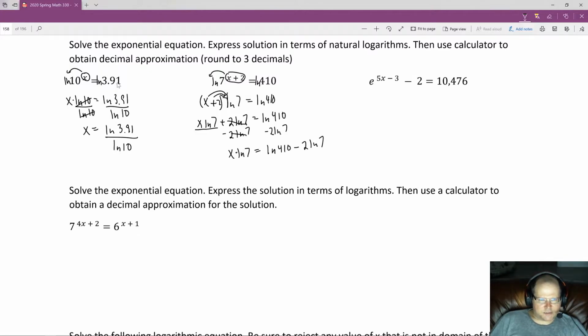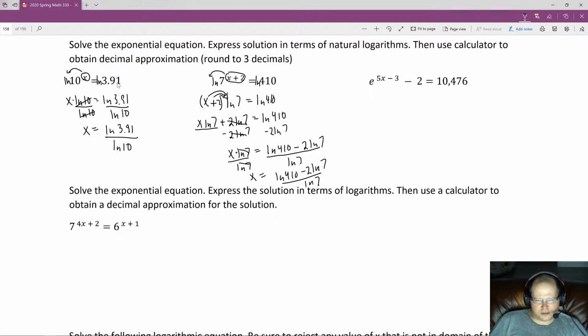Now, I want to get the x by itself, so I'm going to divide by natural log of 7. Whatever I do to one side, I do to the other. Those cancel out, leaving me x is equal to natural log of 410 minus 2 natural log of 7 all over natural log of 7.